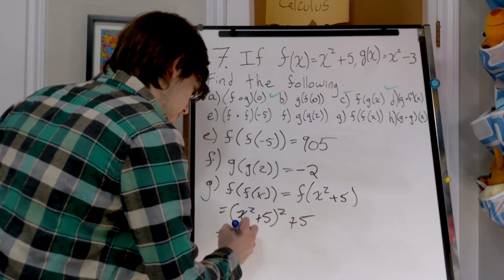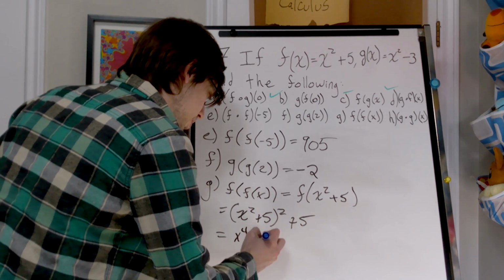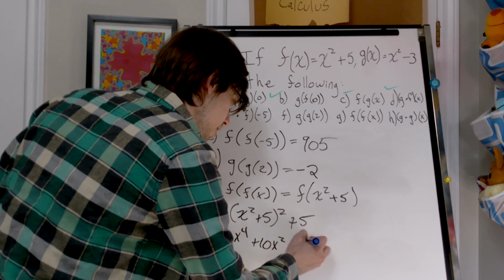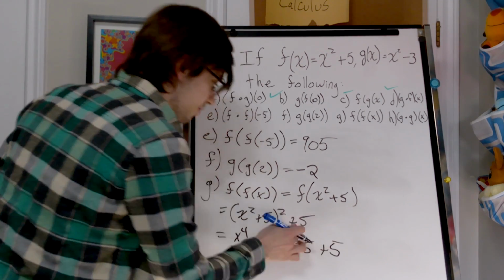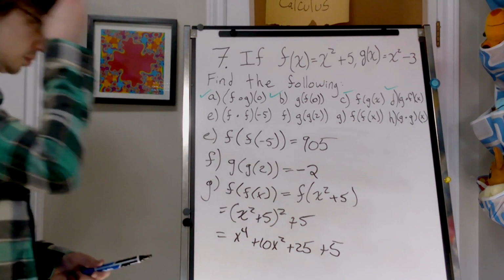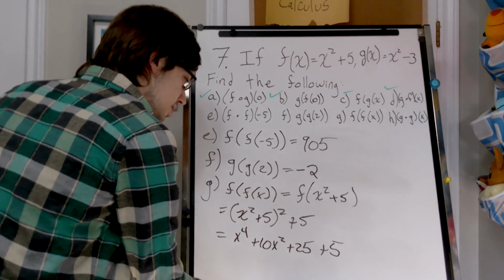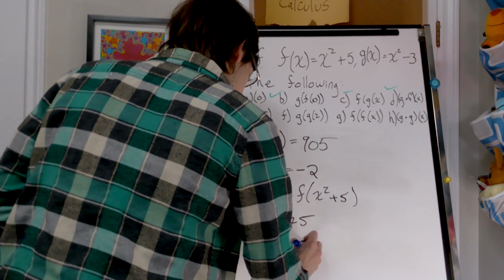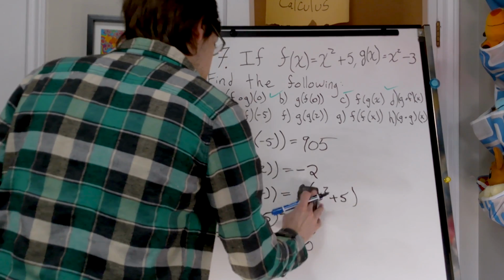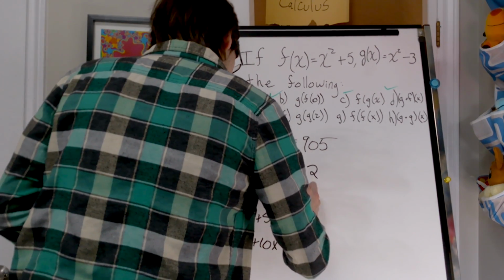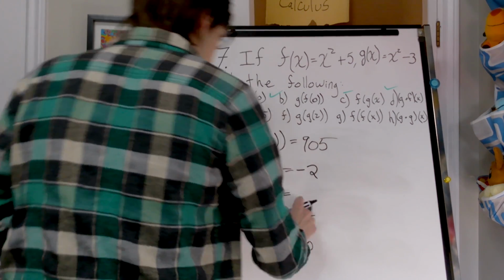That is x to the power 4 plus 10x squared plus 25 plus 5. So we can simplify these. That's 30. And let's just put that up here.